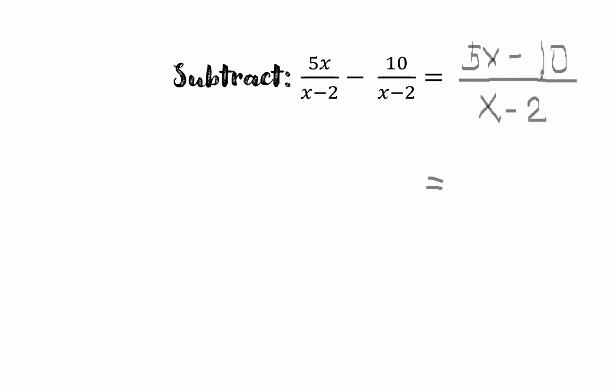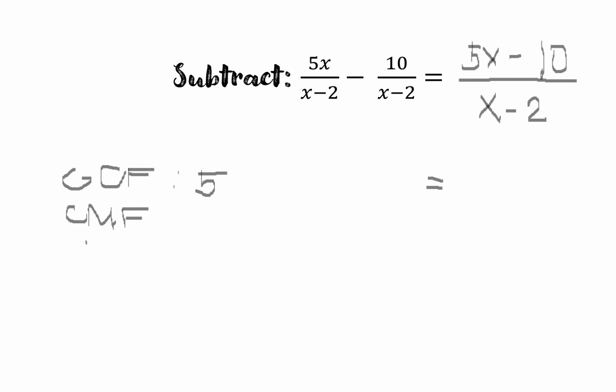5x minus 10. Kung mapapansin nyo, parehas natin pwede i-divide ang 5 and 10 by 5. So, meron tayong GCF. Okay, so we have the GCF, which is 5. So, pwede natin na-apply ang common monomial factoring to simplify the numerator, or to factor the numerator rather.